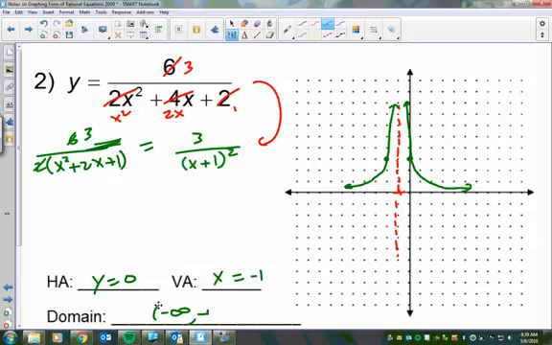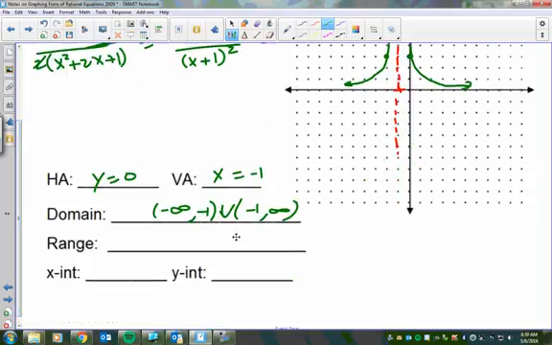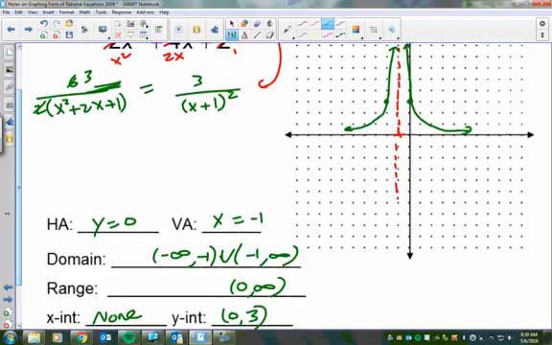And the domain doesn't include negative 1. The range is everything above 0 again. And we already said no x-intercept, and the y-intercept is 3. And frankly, we're not going to graph all these. When we get to the end, we'll just focus on the algebra because the graphing part is pretty straightforward.